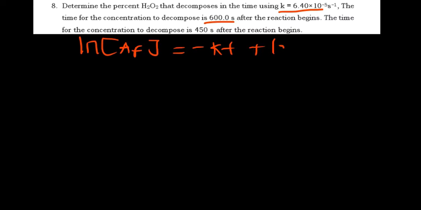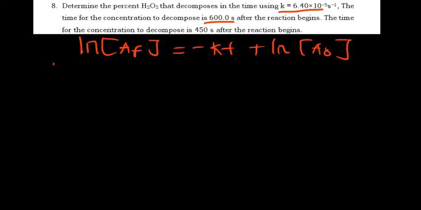If you look at the integrated rate equations, the integrated rate equation is the only equation that combines the value of K, time, and the concentration. So it's the natural log of the final concentration equal to negative KT plus the natural log of the initial concentration.